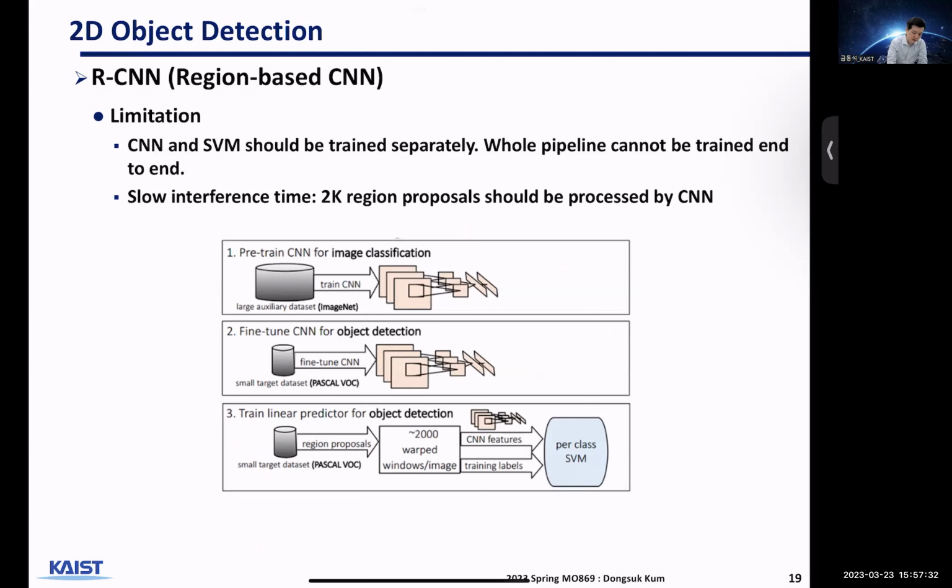This was very innovative work back then and provided high performance, but it had these limitations. The CNN and SVM should be trained separately, so the whole pipeline cannot be trained end to end. The slow inference time was another problem.